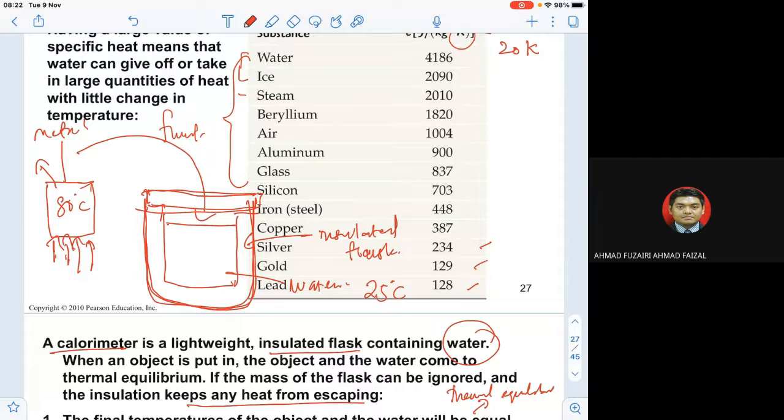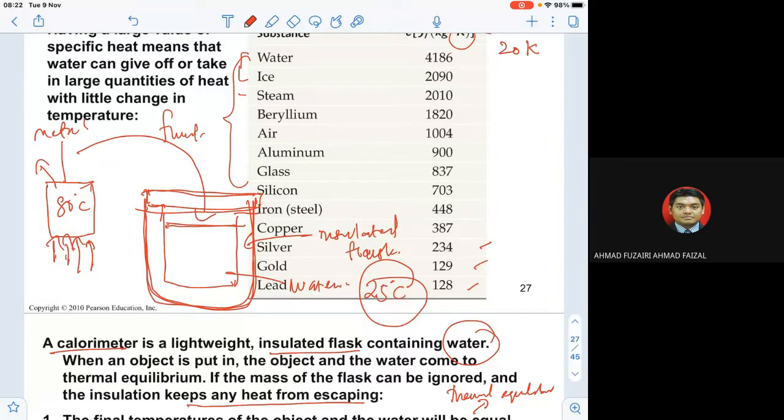The metal is at 80 degrees Celsius and the water at 25 degrees Celsius, so there will be thermal contact between the water and the metal. After the thermal contact, there is some heat change, because there is contact between the bodies.